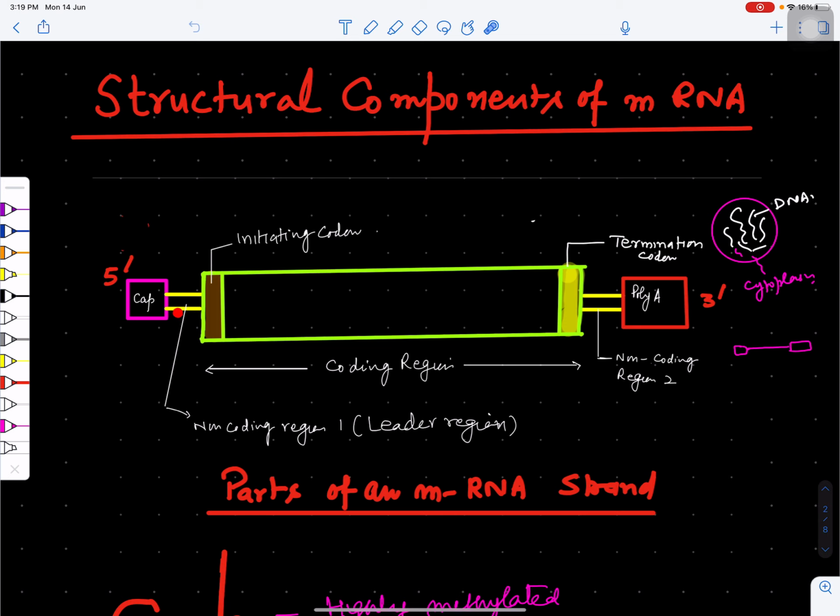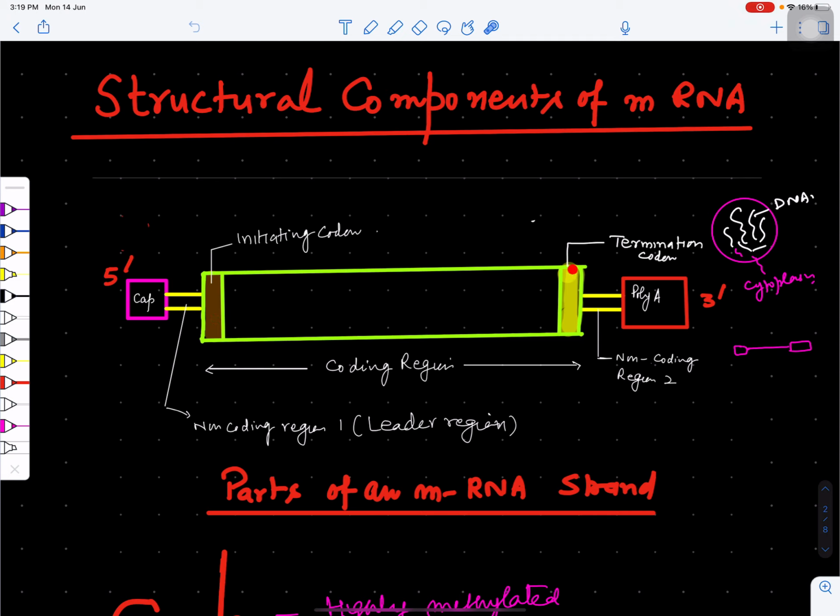This part is called non-coding region 1. This is non-coding region 2. Non-coding, as the name indicates, will not code for any amino acid, so this will not form any protein part. This part is called the coding region because it is going to form the protein part. This is called the initiating codon because it will help in the initiation of polypeptide formation.